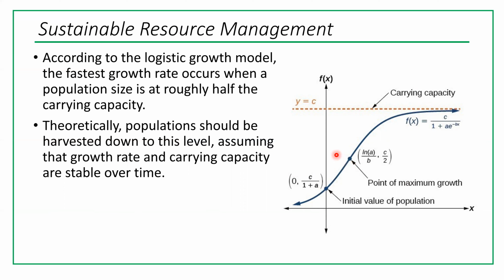And what does it mean? It means theoretically that a population should be harvested down to this level, but not below. So if we harvest a population up to this level, it has a chance to recover. If we harvest it below this point, that might affect the population and really decrease it in size.